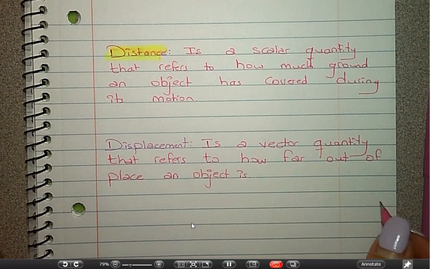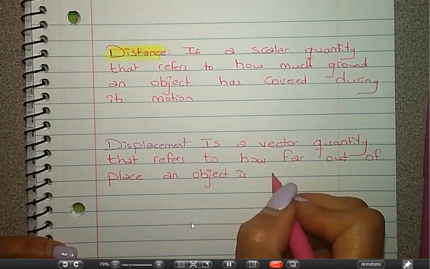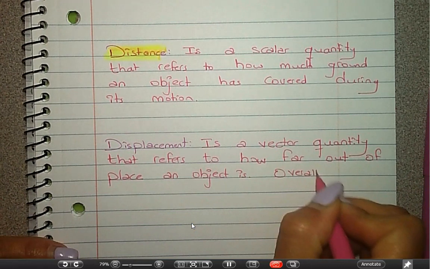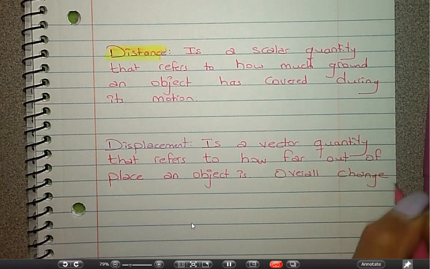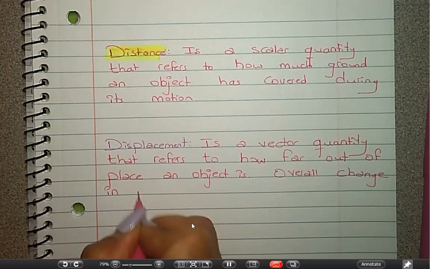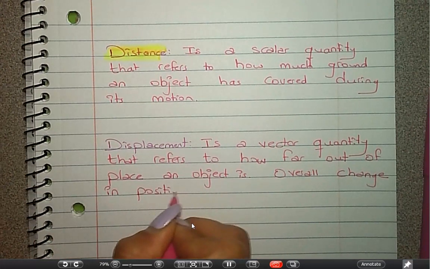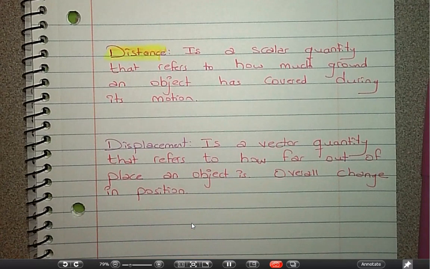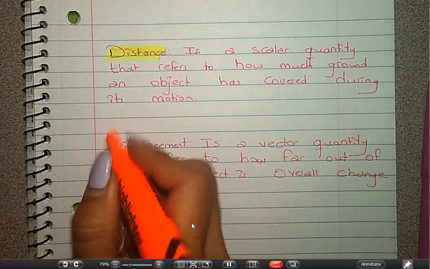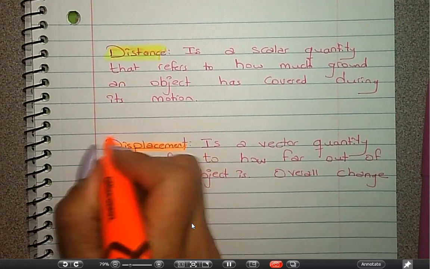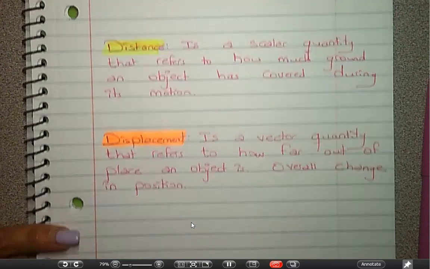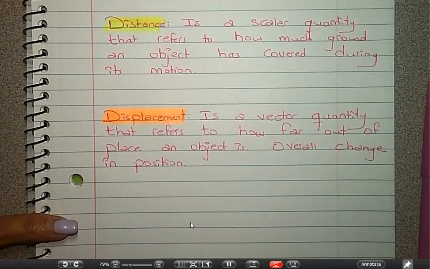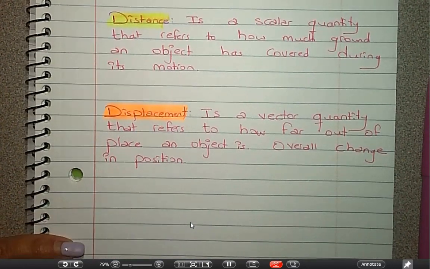So in other words, it's the overall change in position. So it's the change in position because there will be direction and there will be magnitude as well.